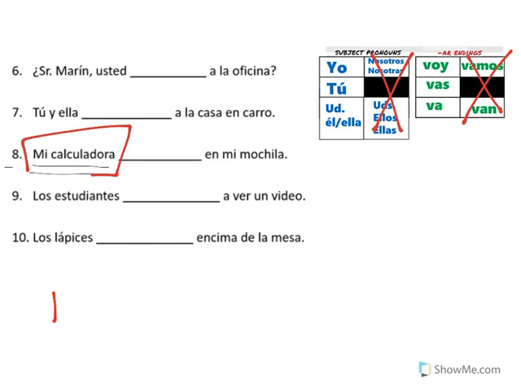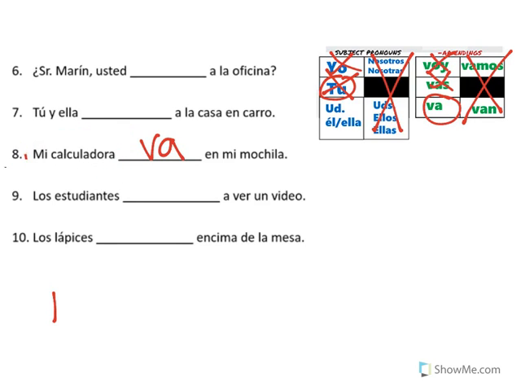Does this sentence say yo? Nope. Does it say tú? Nope. So our only option, therefore, is va. And that is right. Va is used for one object, like mi calculadora, my calculator, one of them. Va.